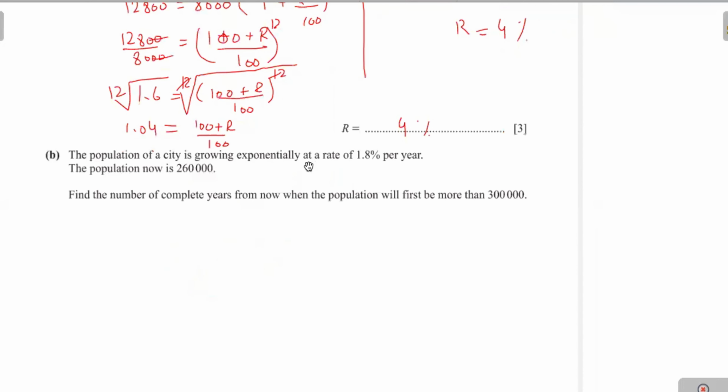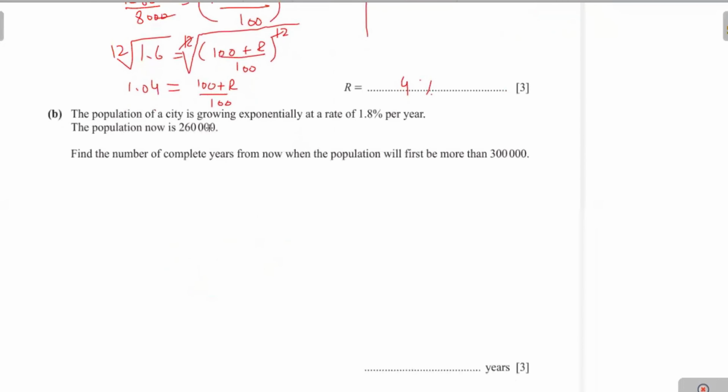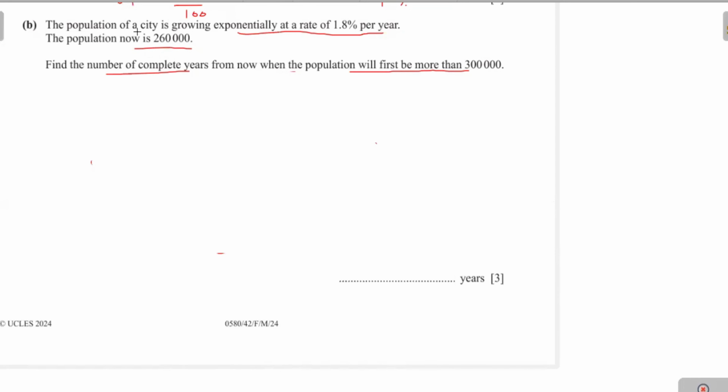Next, part B. The population of a city is growing exponentially at the rate of 1.8% per year. The population now is 260,000. Find the number of complete years from now when the population will first be more than 300,000. The formula of an exponentially growing value is the same as the formula of compound interest.